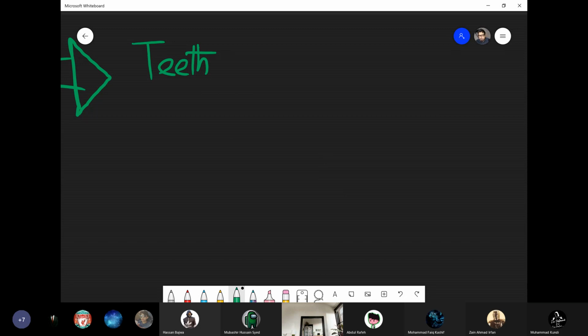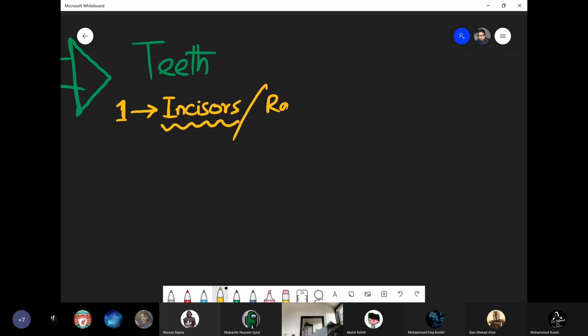Now, let's start. First of all, there are teeth which are called incisors. Now, boys, these incisors are also called rabbit teeth.